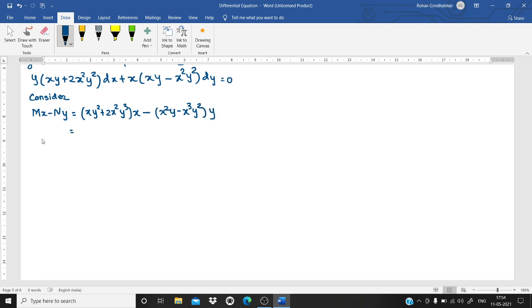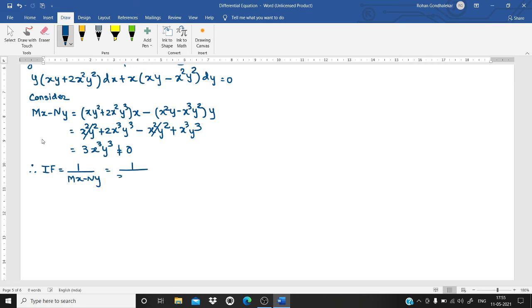Multiplying with x in the first bracket we get x square y square plus 2x cube y cube, minus x square y square, and minus and minus become plus x cube y cube. So x square y square minus x square y square gets cancelled, and our answer is 3x cube y cube, which is non-zero. Therefore the integrating factor is 1 upon Mx minus Ny, which is 1 upon 3x cube y cube.